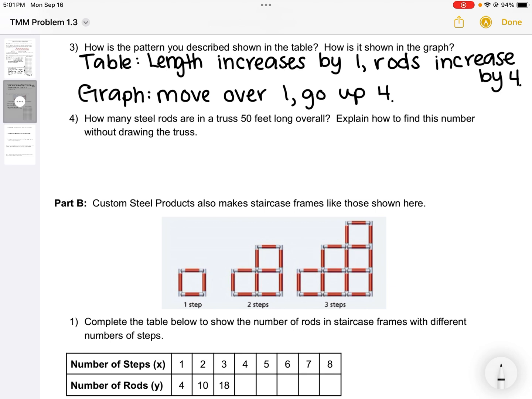And then last one for part A. How many steel rods are in a truss 50 feet long overall? Explain how to find this number without drawing the truss. So what I can do is go back up to my table and continue my pattern, and my goal is to get to 10 feet long.